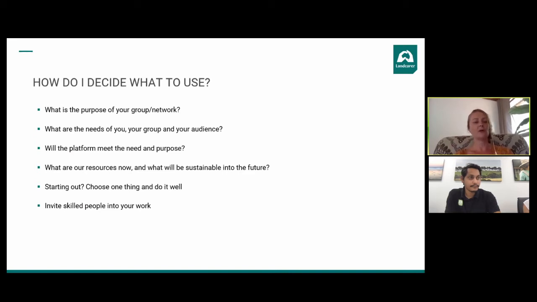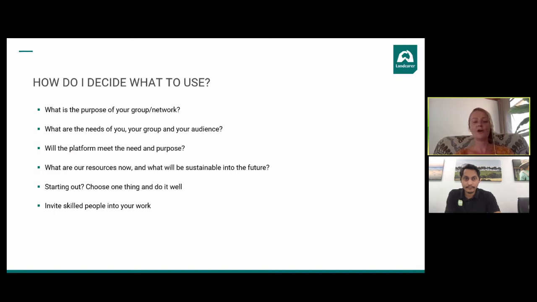We've also looked at that within the resources we have as an organisation: what's our time, what is the funding we have available, and are the decisions we're making now sustainable into the future, so we can keep engaging with these platforms and tools and make them work for us. What I say to people just starting out as a new group or network is to choose 1 or even 2 things, and discover that and do it well.